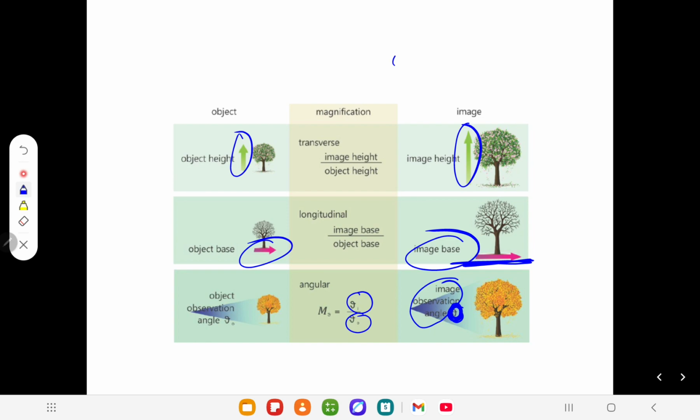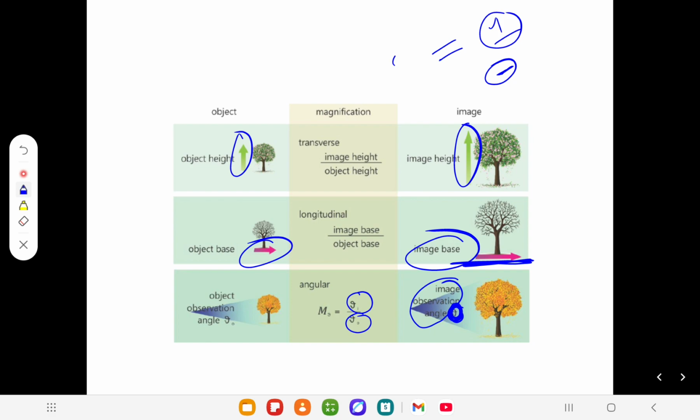It's simple. So in conclusion, don't think magnification has no numbers. Magnification has numeric values: 1 means equal, greater than 1 means magnification, less than 1 means minification, and the sign matters. And just think simply about what angular magnification is. It's basically the angle made by the image divided by the angle made by the object.